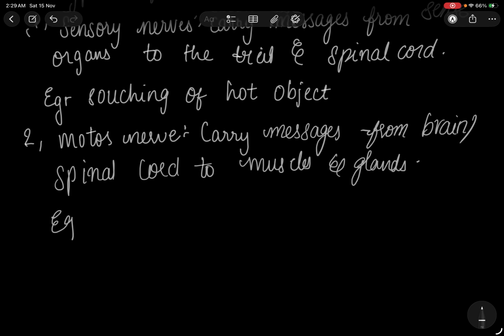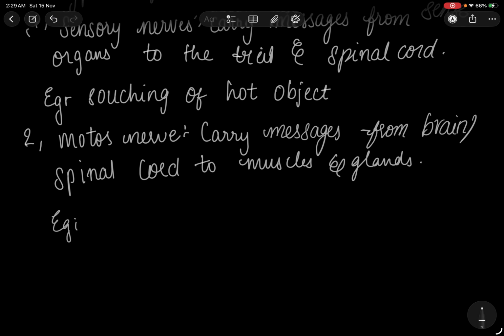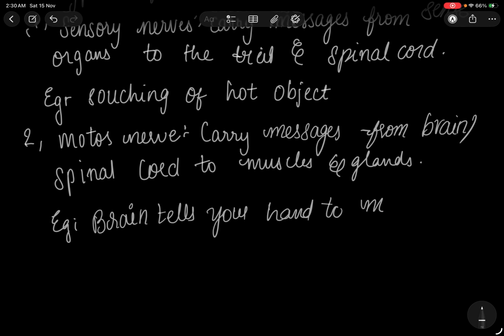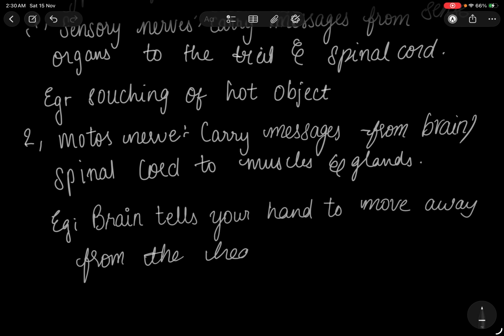So for example, when you are going towards the heat, it tells you to move away. So the brain tells your hand to move away from the heat. Okay.